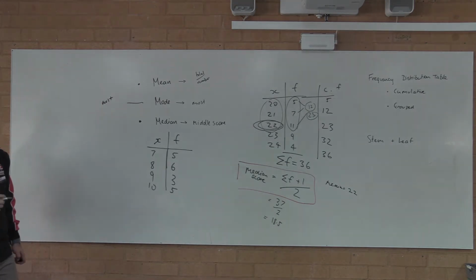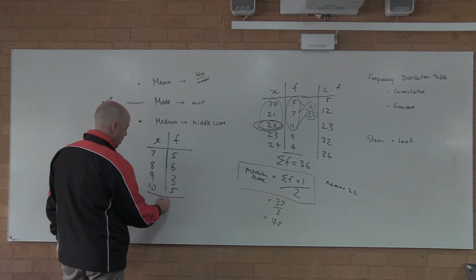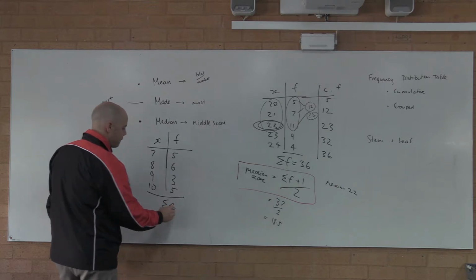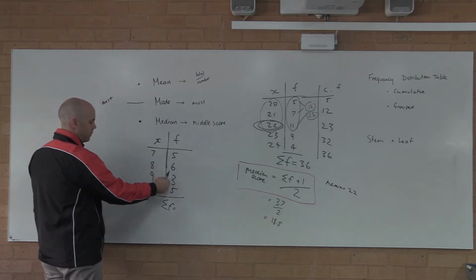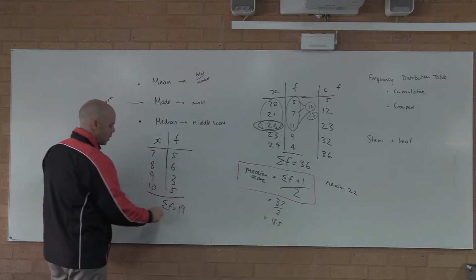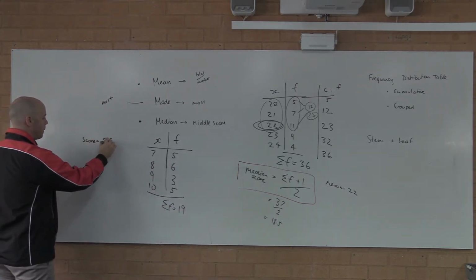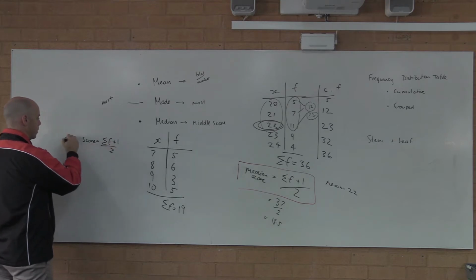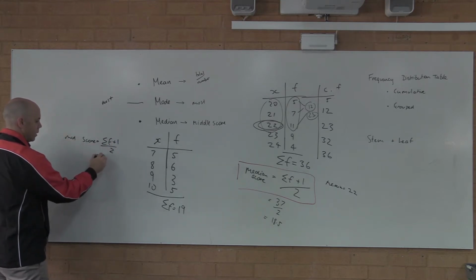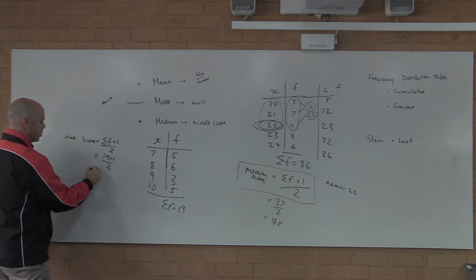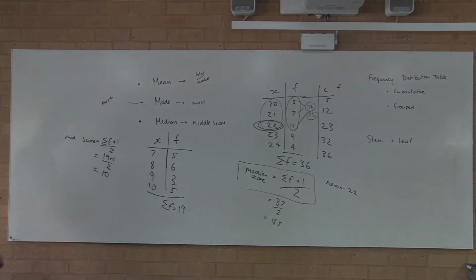In this case, once again, sigma f, add them up: 11, 14, 19. To find the median score, it's sigma f plus 1 divided by 2, which is 19 plus 1 divided by 2, equals 20 divided by 2, which is 10. So our 10th score is the median score.